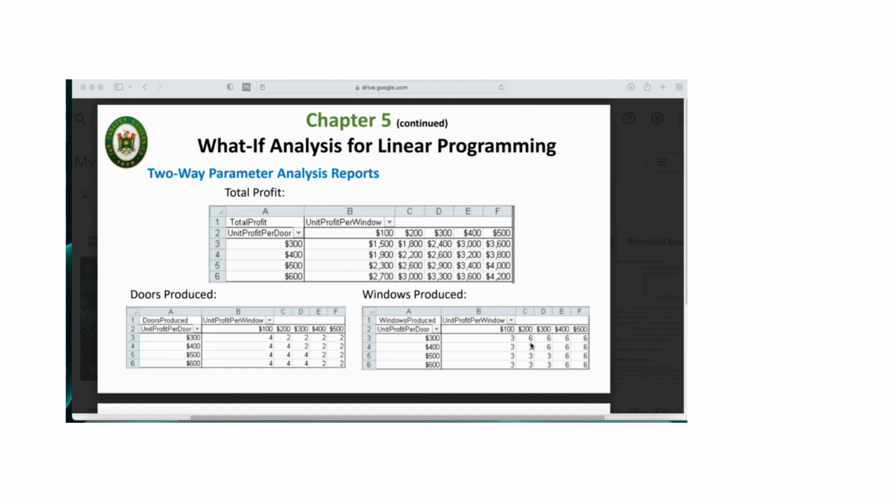That's C4. To determine the total profit, you also go to that C4, above: column C, row 4.